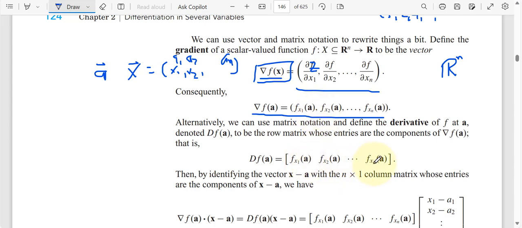Except for that, it's the same thing on the right-hand side. When we have commas, that means we're talking about a vector, at least in her book, and when we have just spaces, that means we're talking about a matrix.